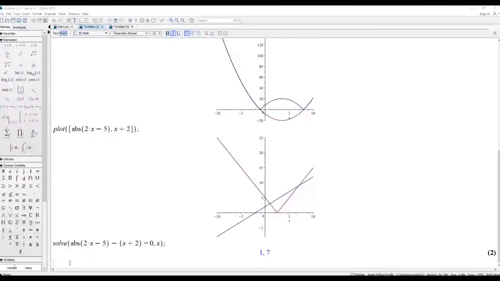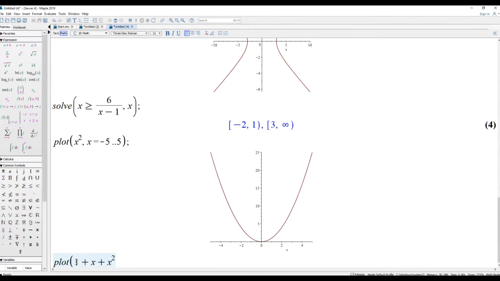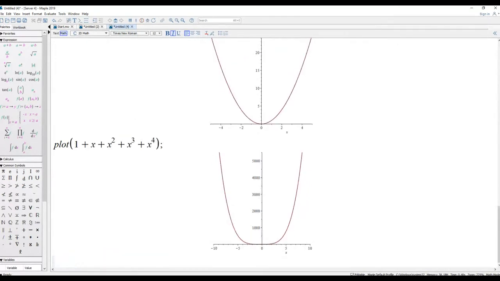Just before I do that, if I wanted to plot 1 plus x squared plus x cubed, you can see it's always going to stay above the axes.